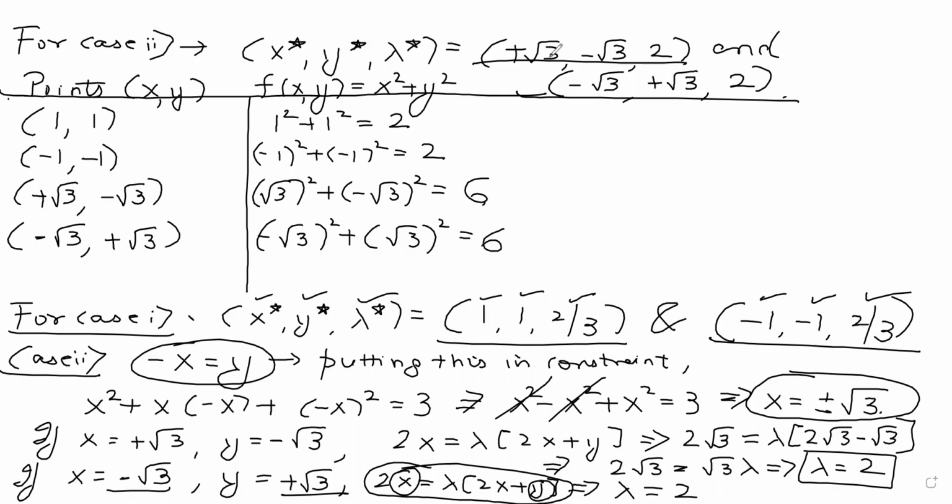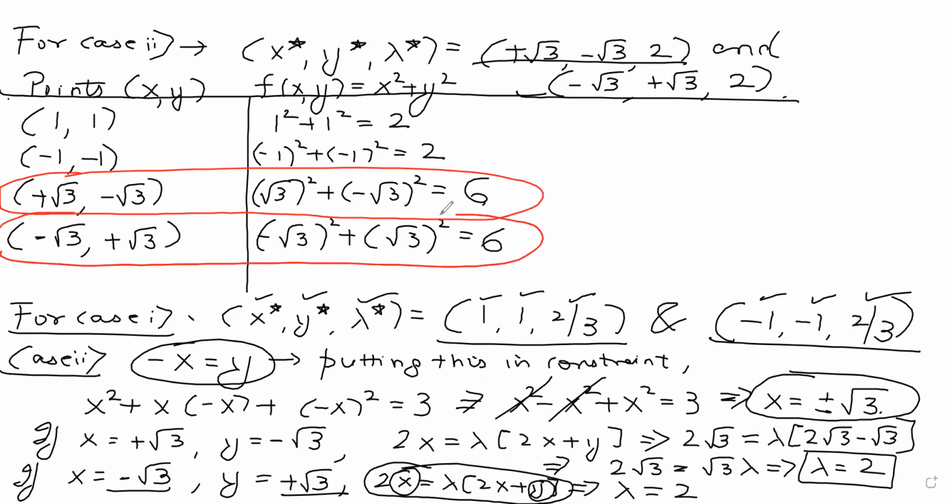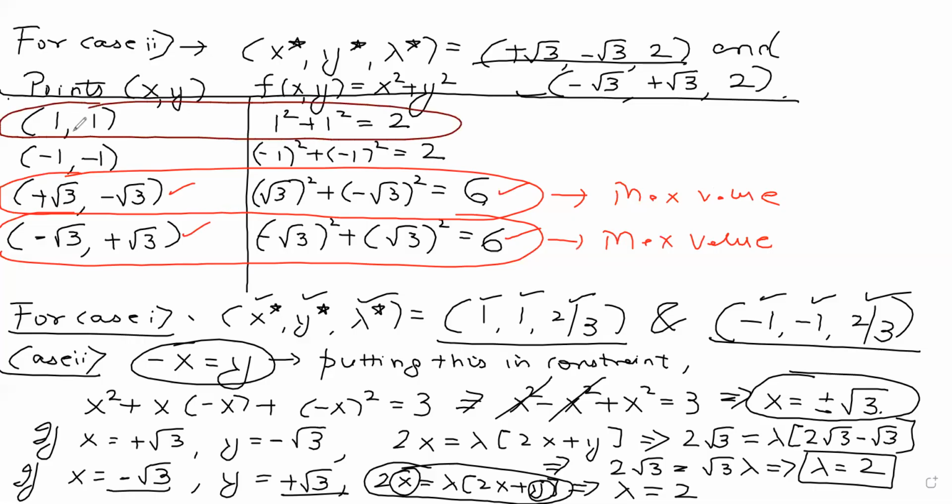So all students can see that the function has the maximum value at plus root 3 minus root 3 and minus root 3 plus root 3. The maximum value of the function is 6, which occurs at these points. And the minimum value of the function is 2, and this occurs at the points 1 comma 1 and minus 1 comma minus 1.